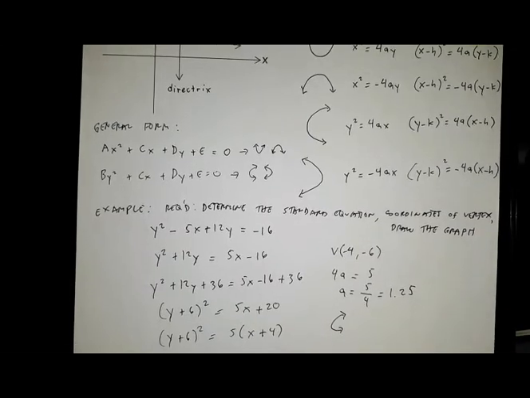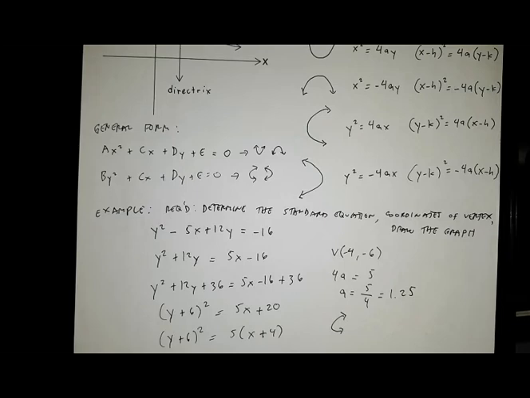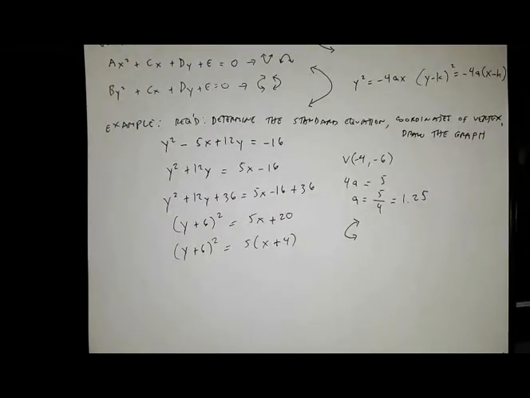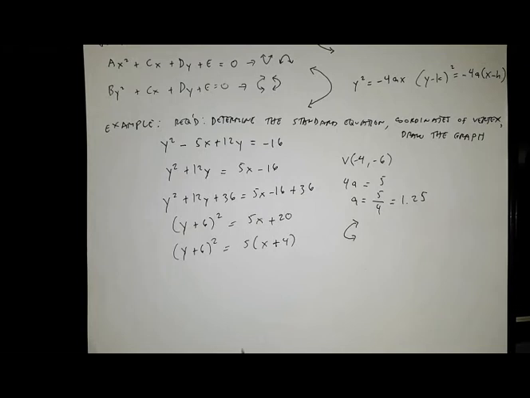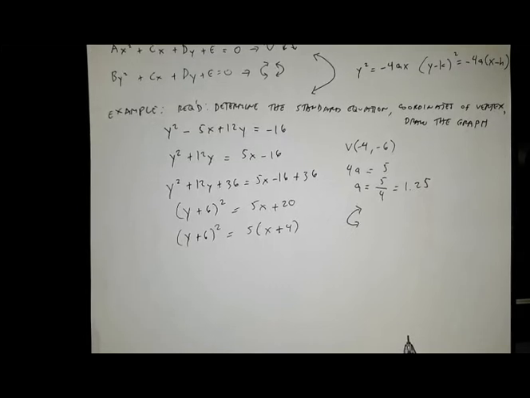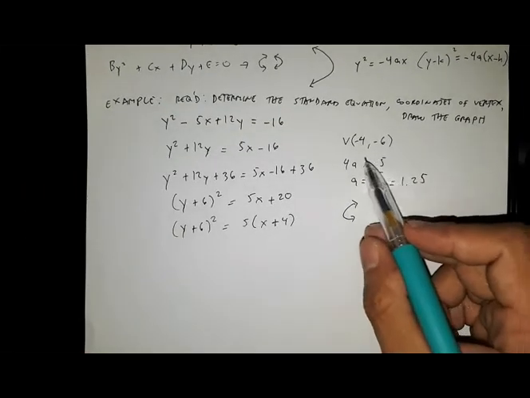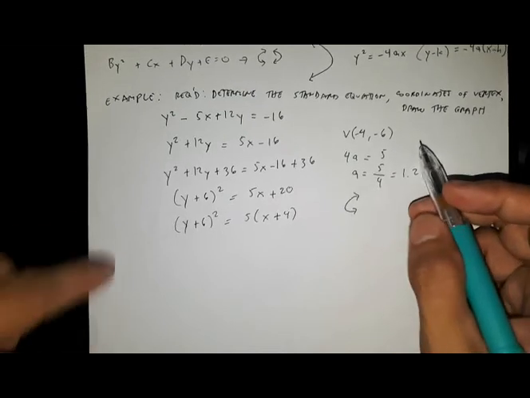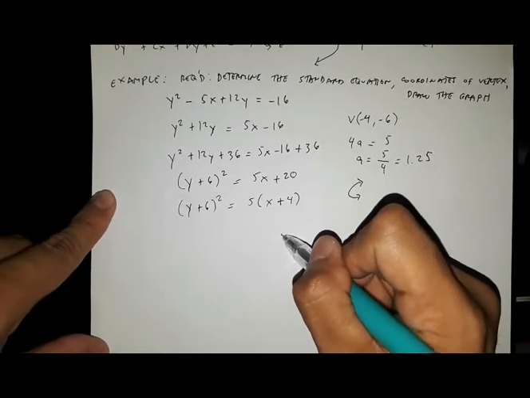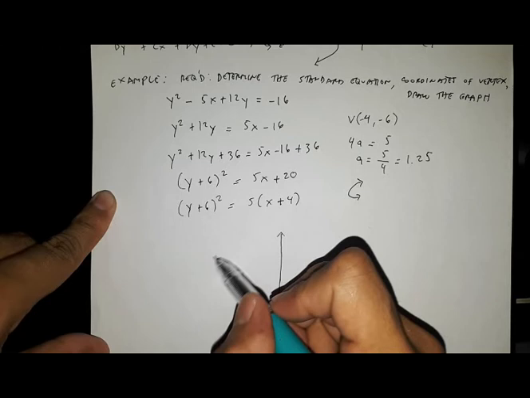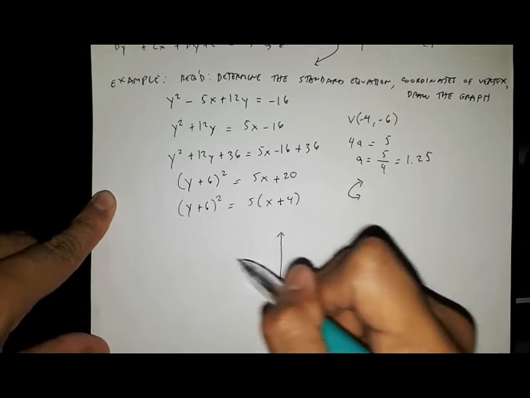So now we can proceed with the graph of the parabola. So let's plot the vertex first. Negative 4, negative 6. So this is the Cartesian coordinate plane.